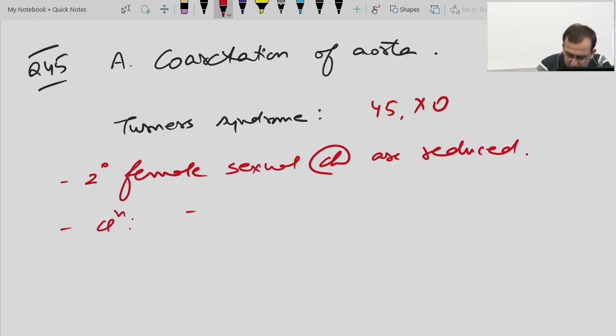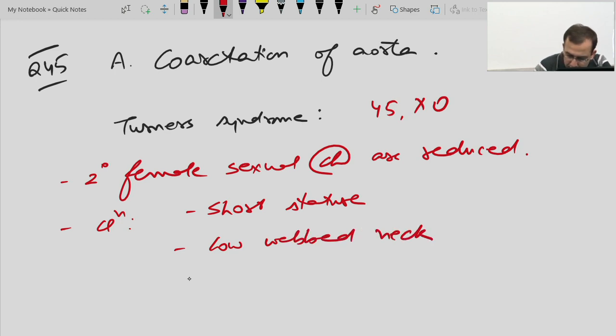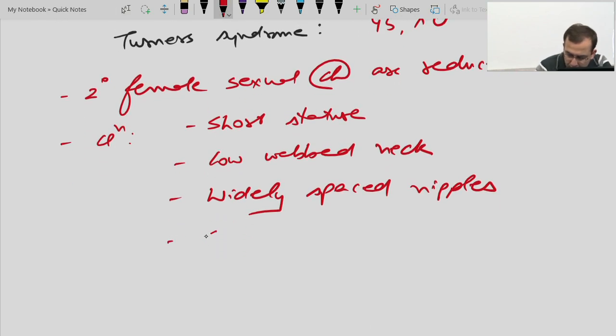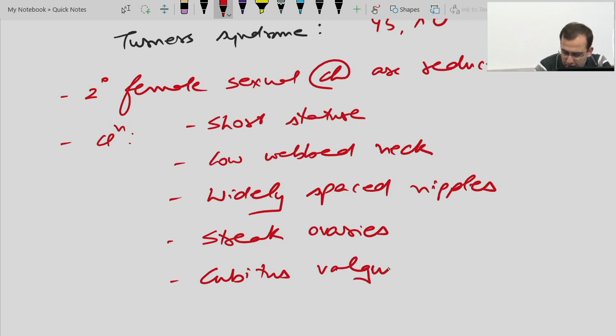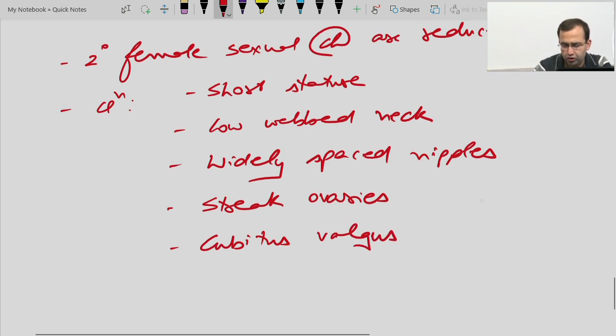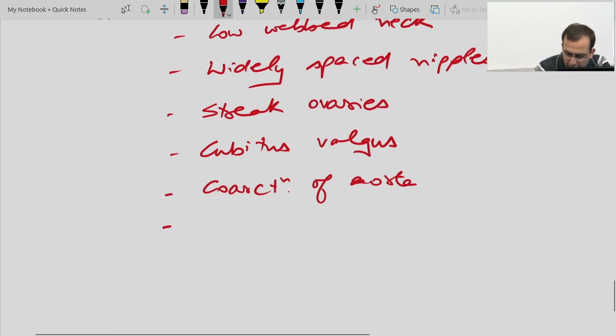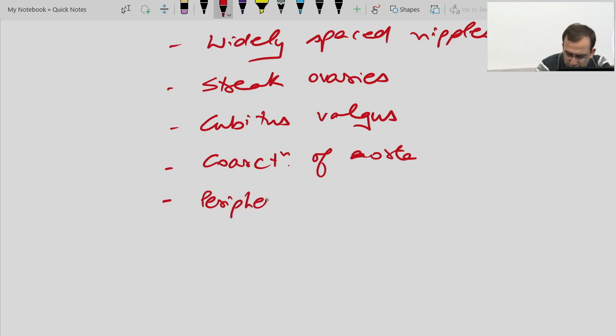So clinically, the patient has a short stature, low-webbed neck, widely spaced nipples, streak ovaries, cubitus valgus, that is the elbow is out, coarctation of aorta, and peripheral lymphedema at birth.